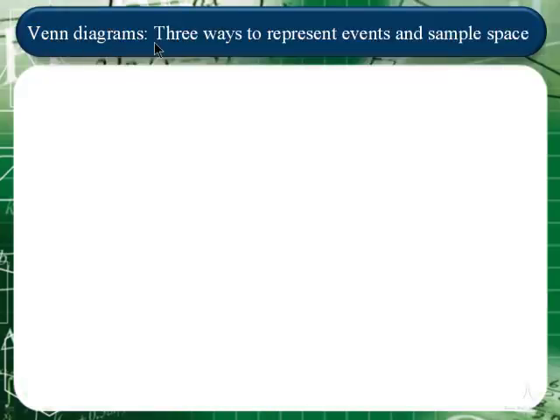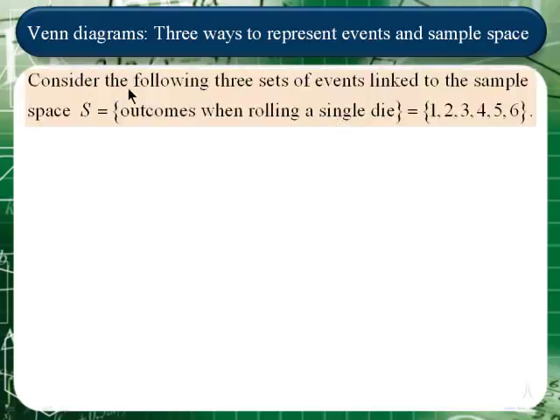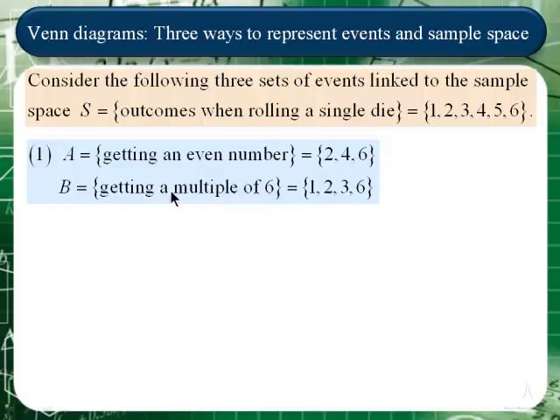Let us look at Venn diagrams and 3 ways to represent events and sample space. If we consider the following 3 sets of events linked to the sample space S, which is the set of outcomes when rolling a single die, or the set containing the outcomes 1, 2, 3, 4, 5, and 6.